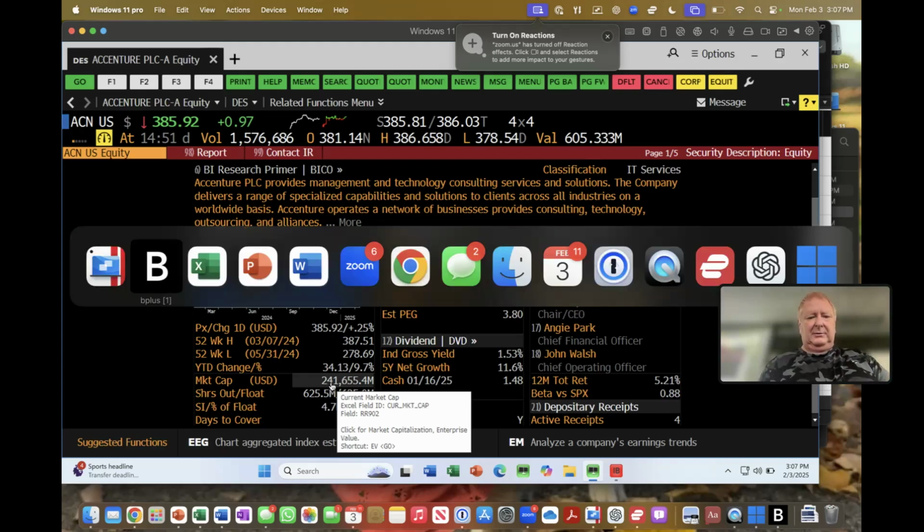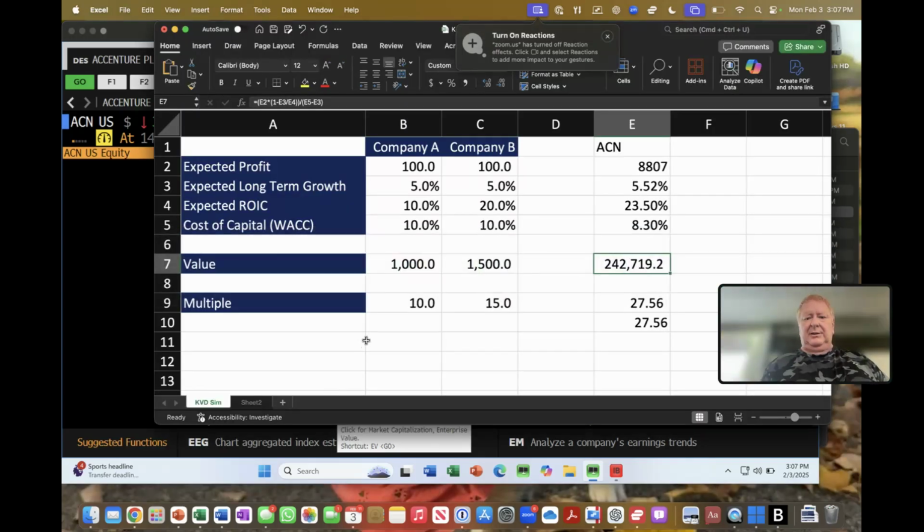And our model says 242. It's cash lying around, a couple miscellaneous assets, but that's the point. That's their share price. Key value drivers.